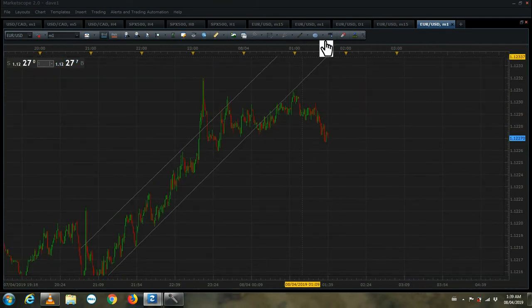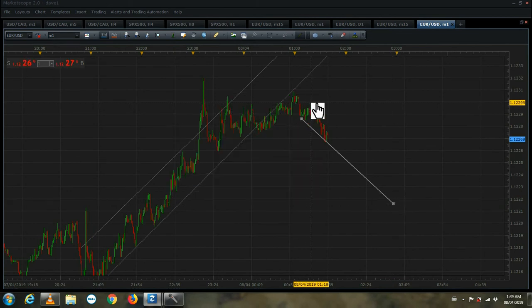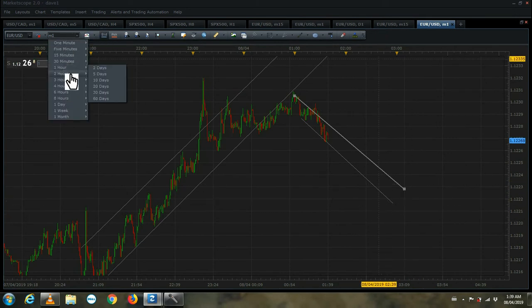And right now it looks like it's a bit of a range bound, but this looks like it's traveling. It's in a tight range. Okay, where is it gonna go? That's why I need to have hourly.